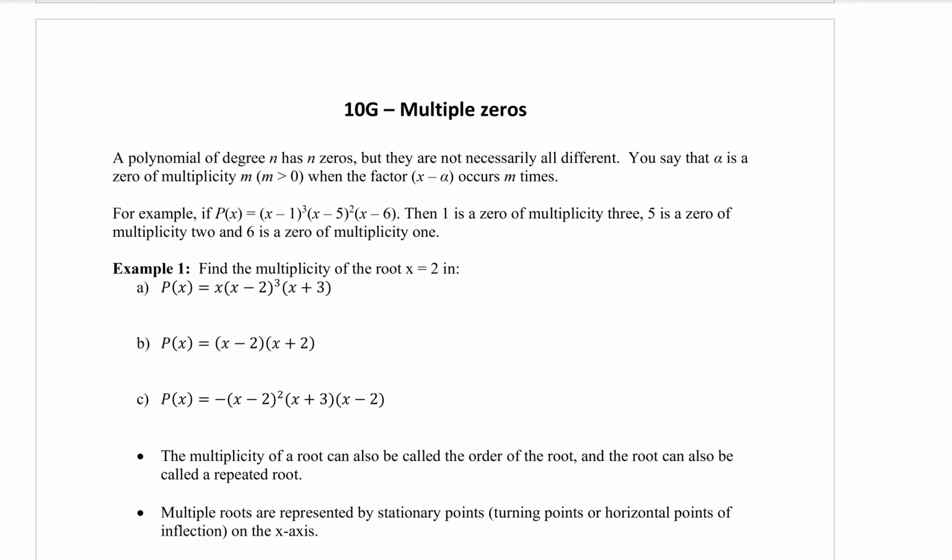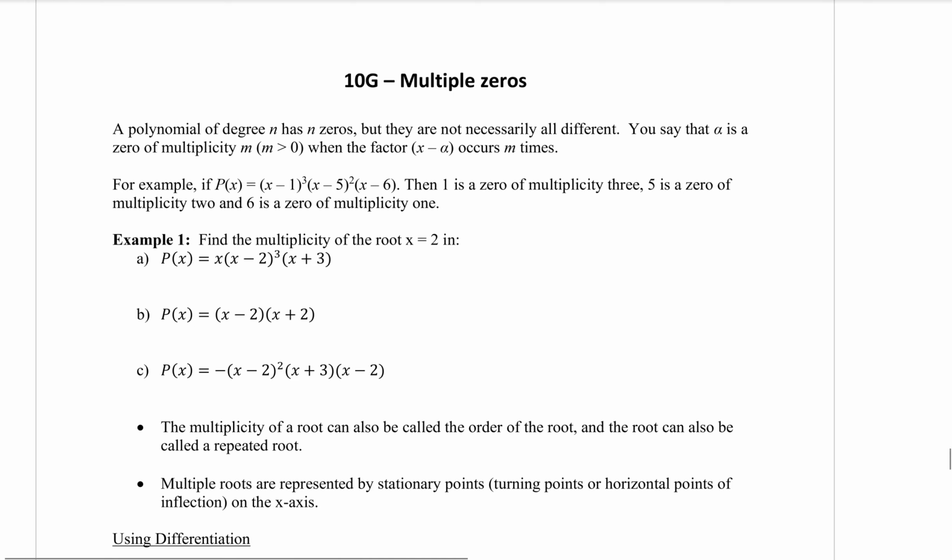You say that alpha is a zero of multiplicity m, greater than 0, when the factor occurs m times. So what that means is, if p(x) equals (x minus 1) cubed, (x minus 5) squared, and (x minus 6), then 1 from that first bracket is a multiplicity of 3.